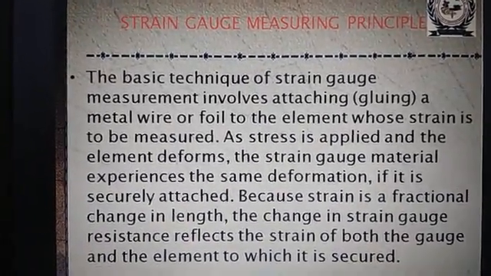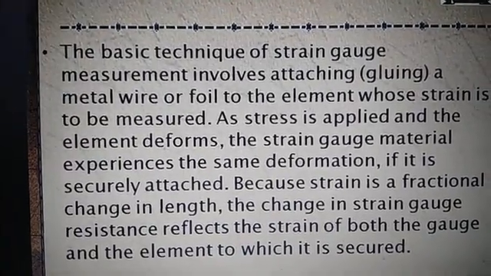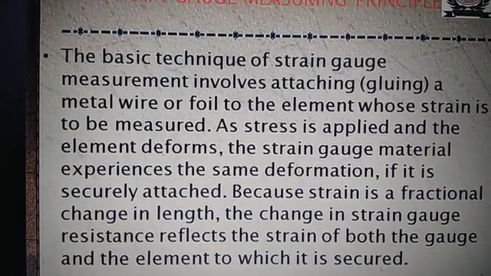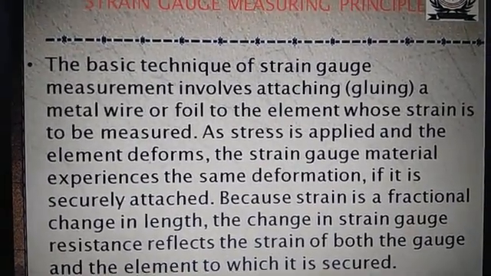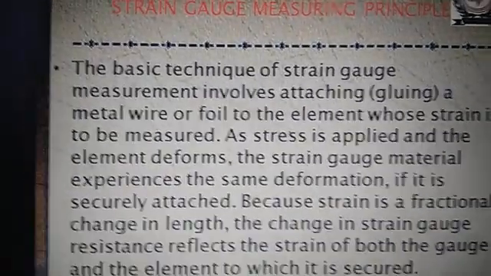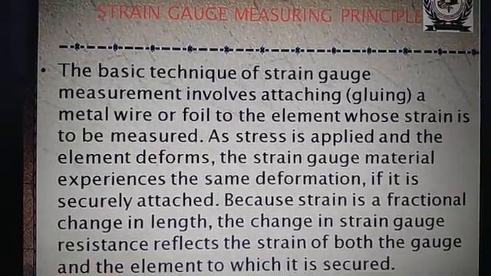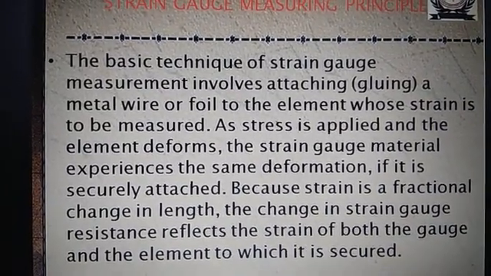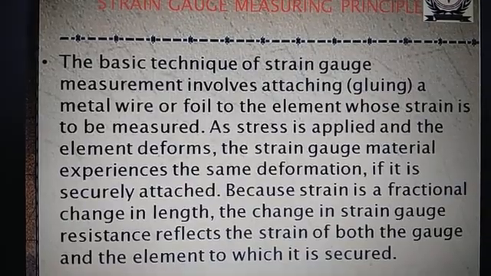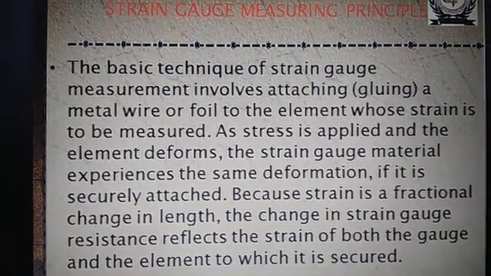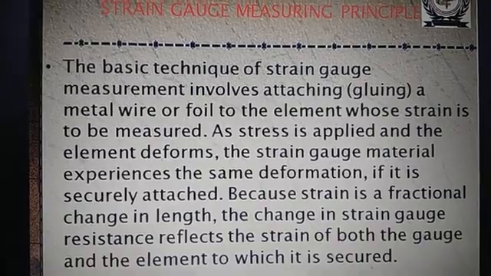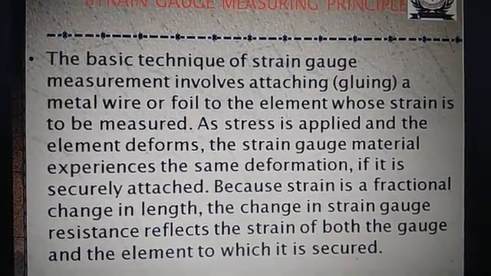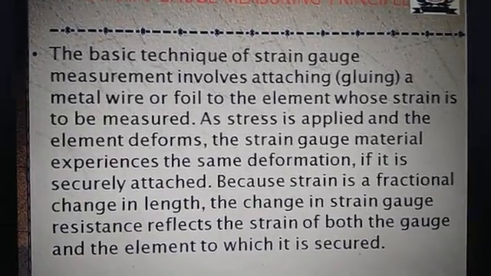The basic technique for strain gauge measurement involves attaching, gluing a metal wire or foil to the element whose strain is to be measured.